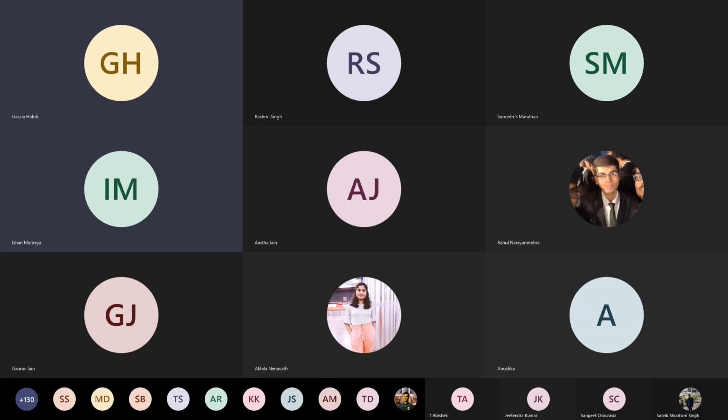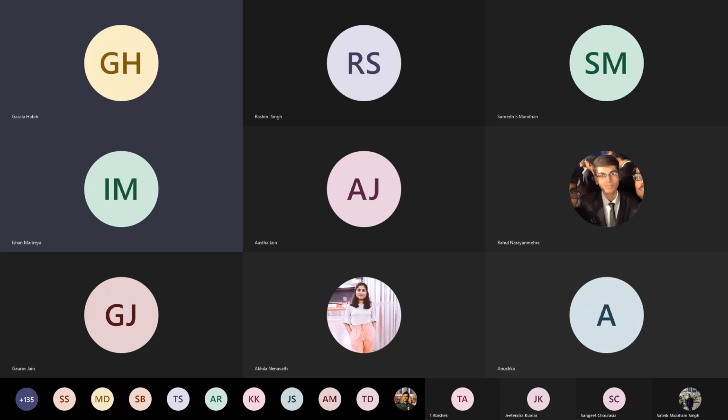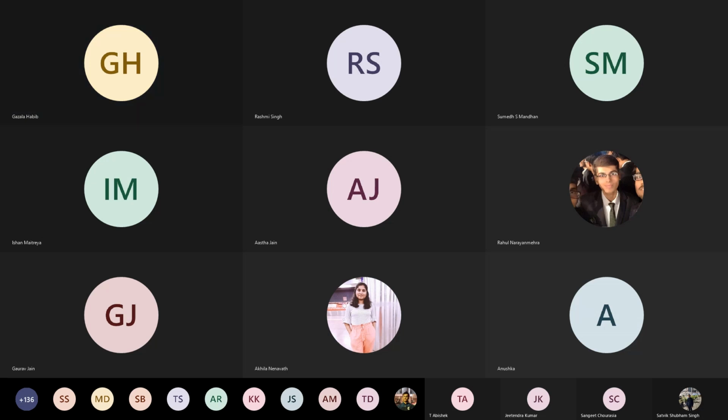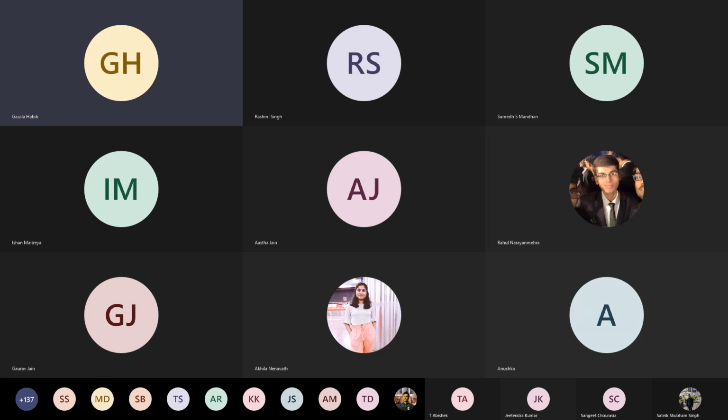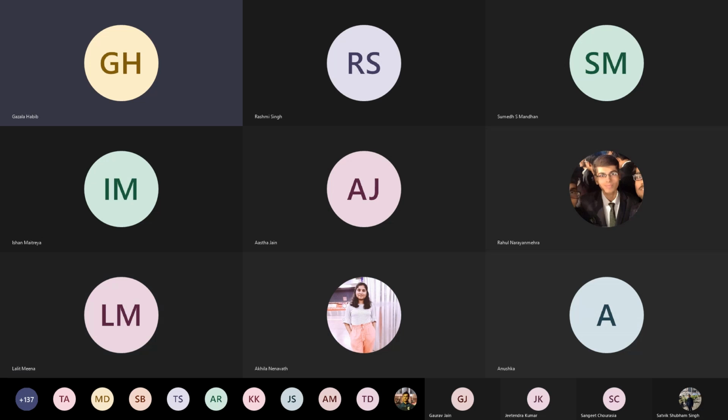Ma'am, the whiteboard is stuck. We cannot see after the first mechanism. How come you are not able to see? Can you see now? No, ma'am, still we are able to see only the first mechanism. Oh, okay.